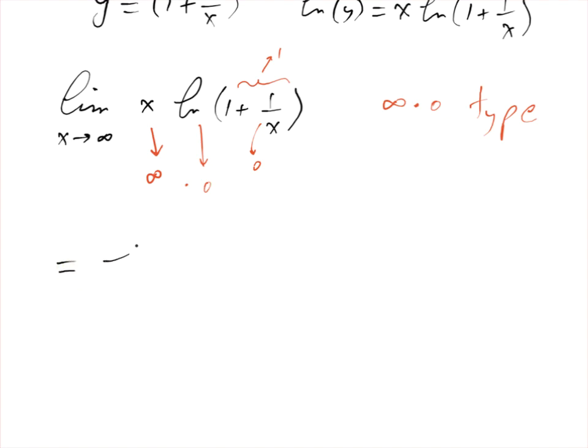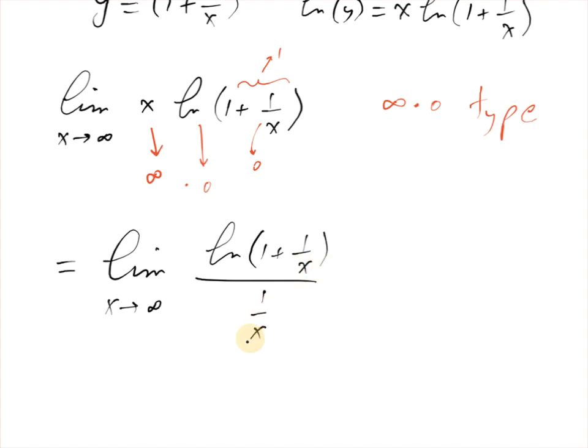So this limit equals the limit as x tends to infinity of ln of 1 plus 1 over x divided by 1 over x, because this x, when you move it to the denominator, becomes 1 over x. Now let's try again.